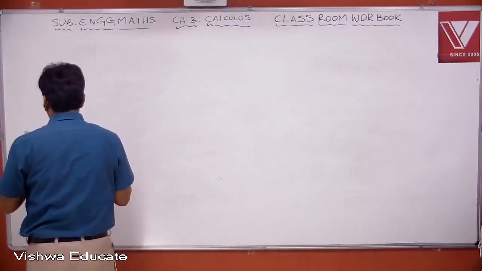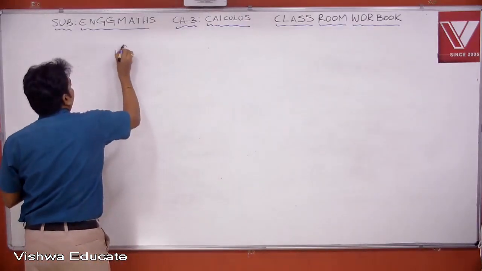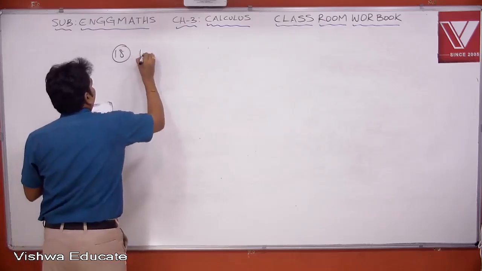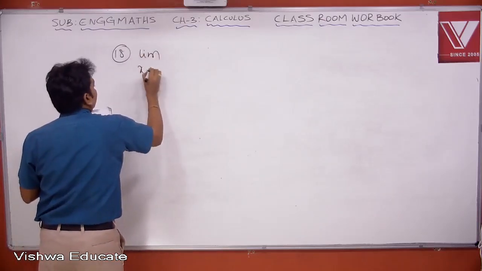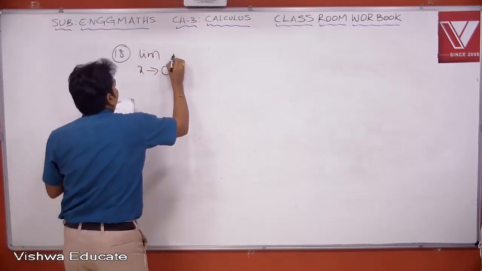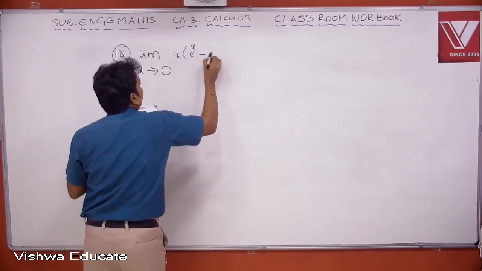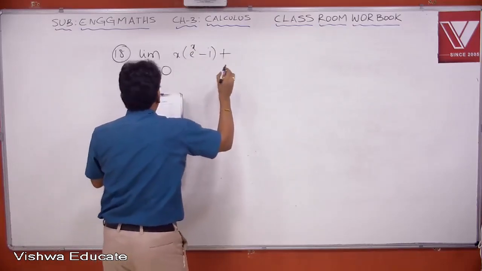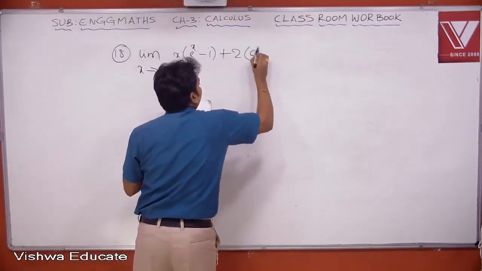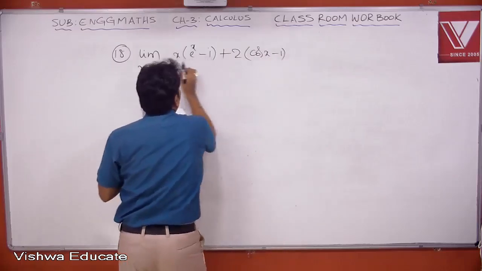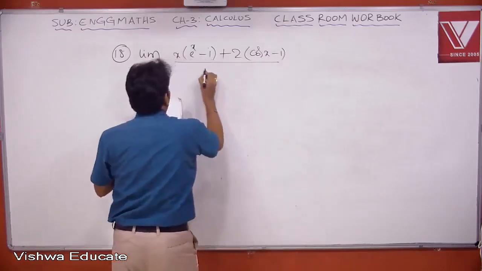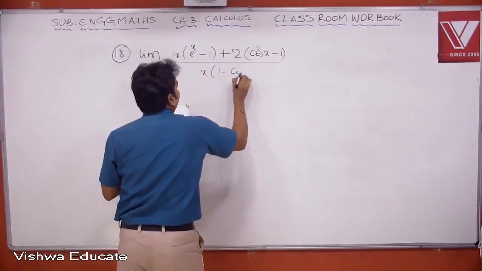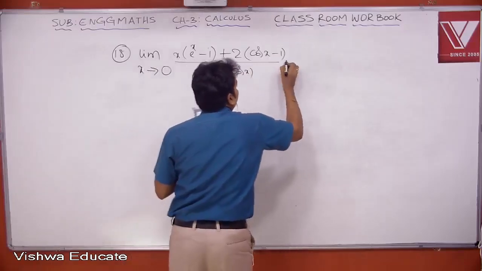Now let us move to question number 18. This is limit x tends to 0, x into e power x minus 1 plus 2 into cos x minus 1 divided by x into 1 minus cos x is blank.